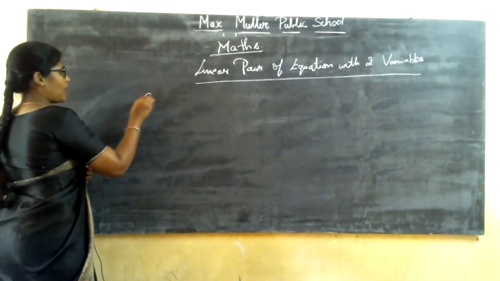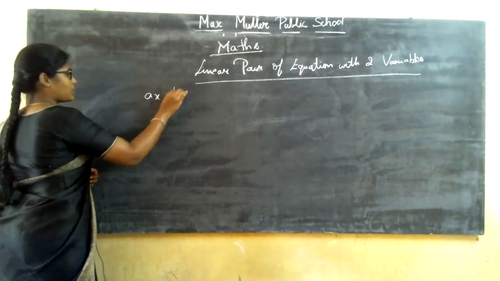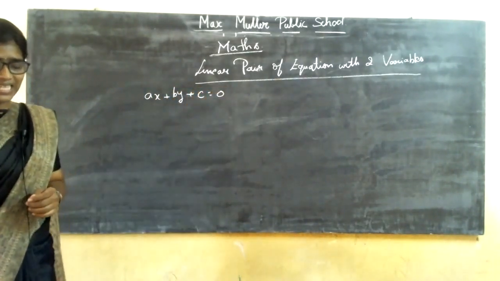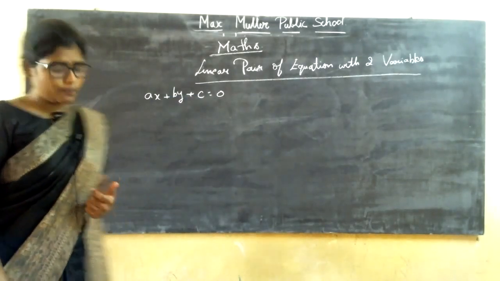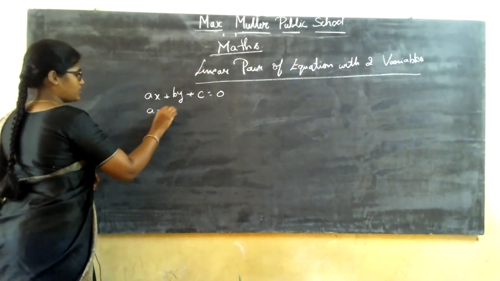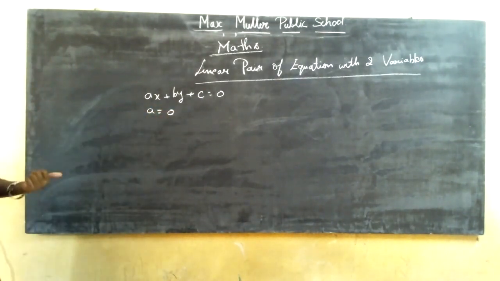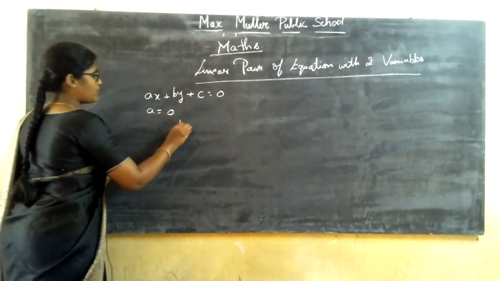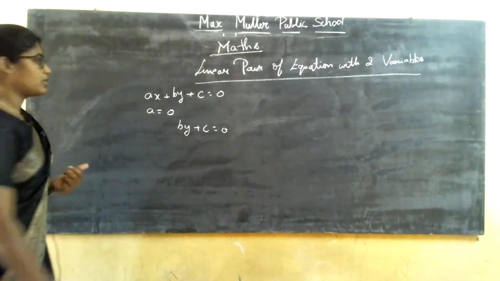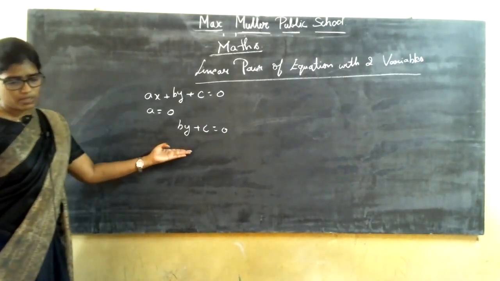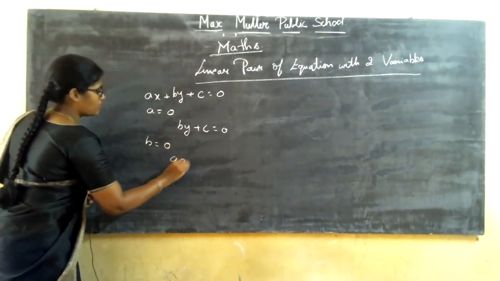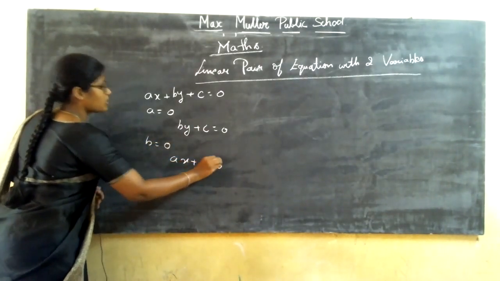You had learned about the general equation of the linear pair, that is ax plus by plus c is equal to 0. If the a coefficient is 0, the equation will be by plus c is equal to 0. If the b coefficient is 0, then the equation will be ax plus c is equal to 0.